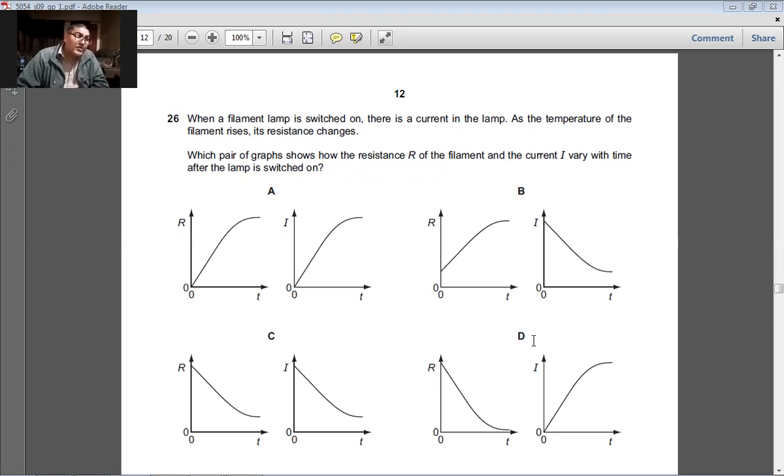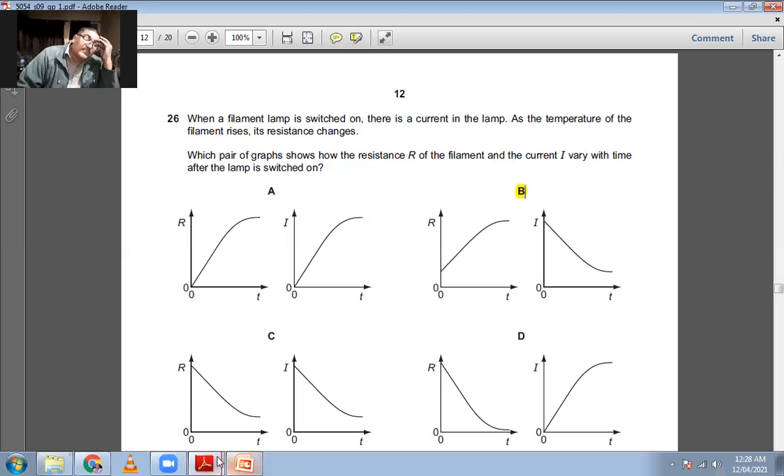So I think this and this are the correct options. So I think B is the right option.